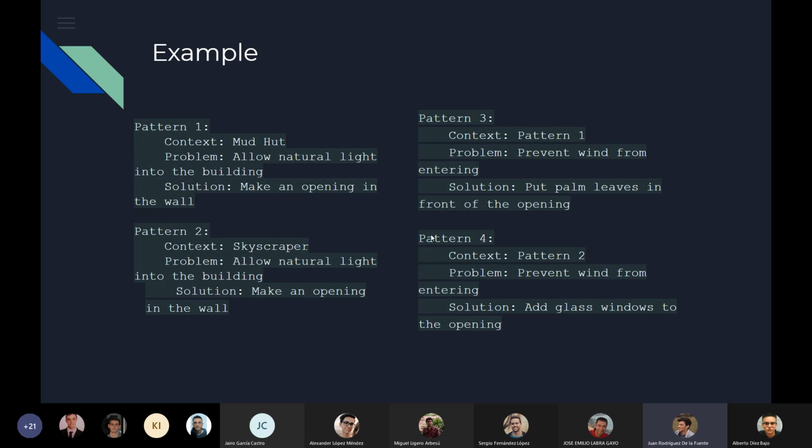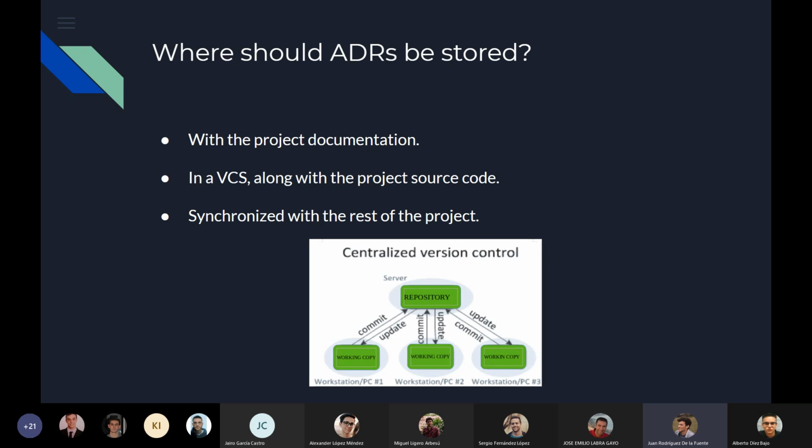Now we can see that the problem is the same, prevent wind from entering, but the solution changes depending on the context. That's more or less the idea of the ADR. The consequences are really determined by the context of the problem. And now I leave Alejandro with the rest of the presentation.